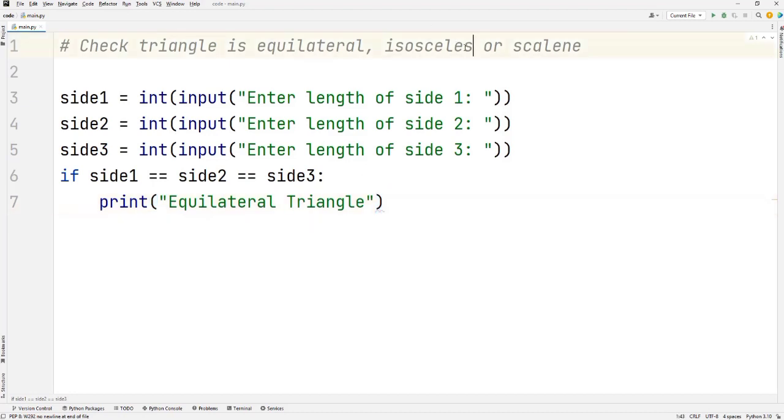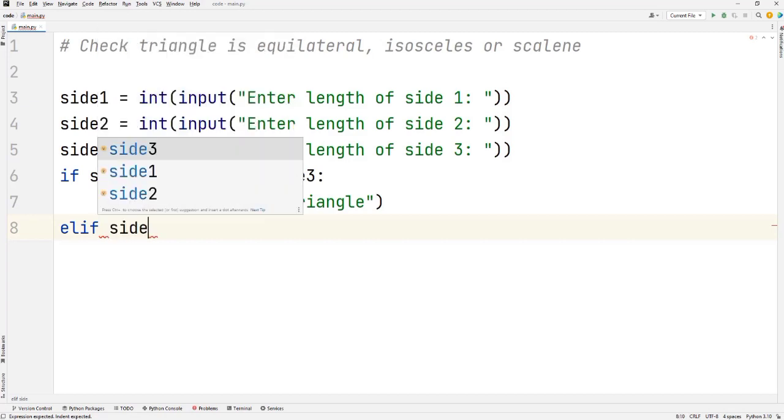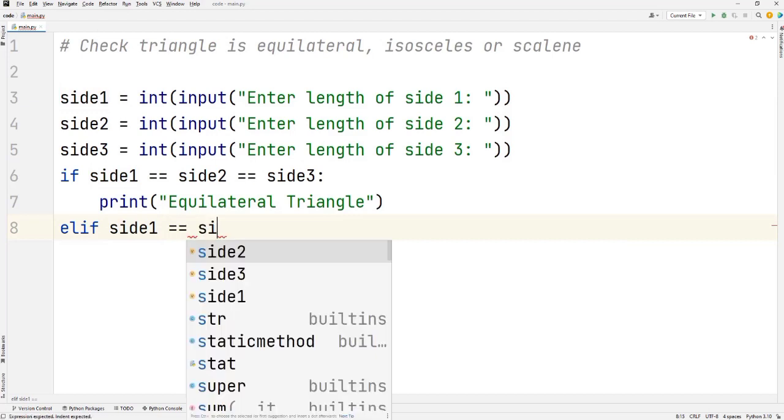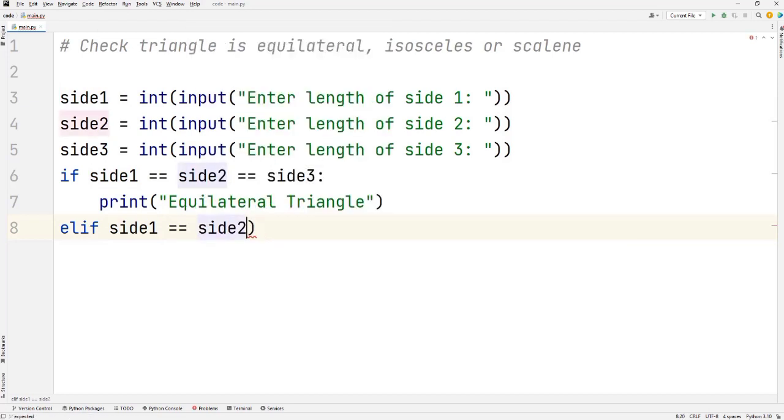The second condition is for the isosceles triangle. For the isosceles triangle, we have to write the condition such that any two of these sides are equal. For that, I'm just using another condition using the elif keyword. And what I'm going to do is compare two sides. First, I'm going to compare side 1, side 2. I'm going to put them in brackets. And I'm using the OR operator. Like if any of the given scenarios is true, then the condition will be considered to be true.